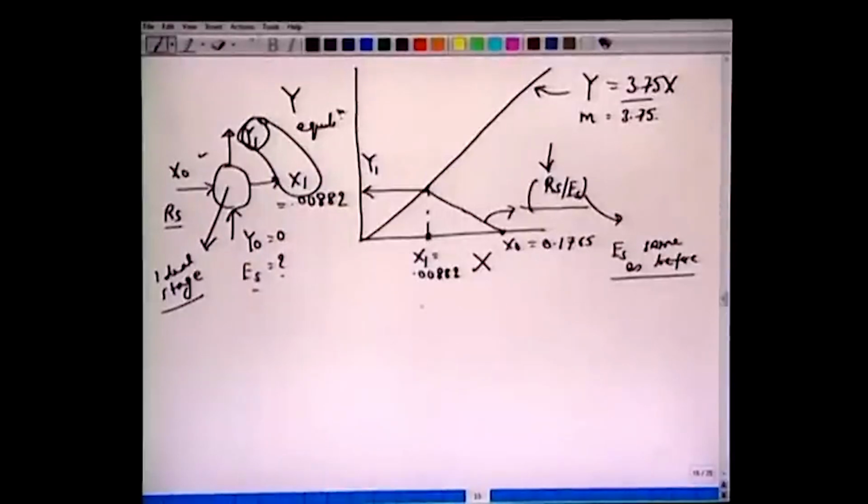So, it is a very simple example. The more important thing to realize is that y1 and x1 are in equilibrium here. If we know x1, you can mark y1. Suppose the same problem says that we know the amount of Rs and we know the amount of Es. Graphically, all you will do is take the slope, it is a cross current. You are adding it here, write down the material balance, and you will get a negative slope here. If you write down the equations as y equals mx plus c, you should convince yourself that you are getting a negative slope.